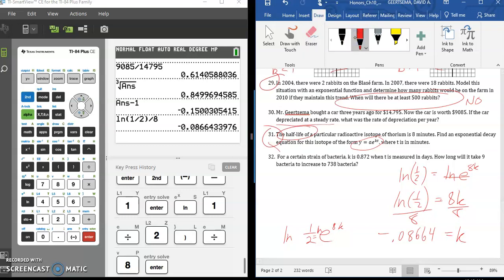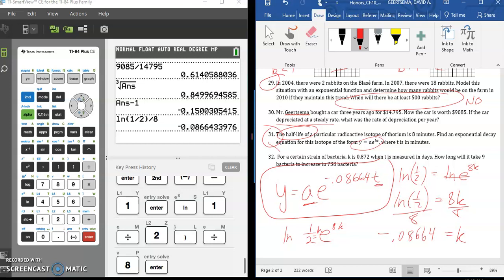So basically the equation would be y equals Ae to the negative 0.08664t. That would be an equation you could use where you can plug in how many bacteria you have in a time, and it will tell you how many you would have left. Okay? It didn't ask us to go ahead and do anything with that. It just wanted the equation.